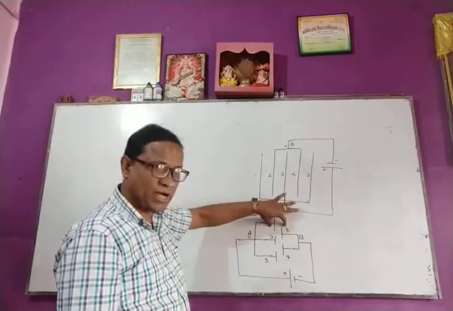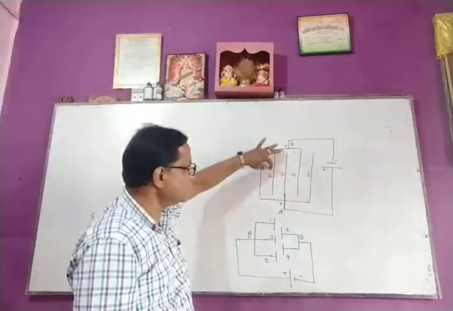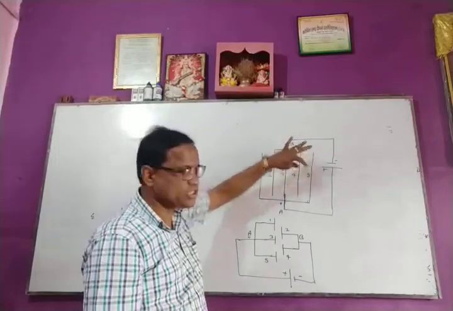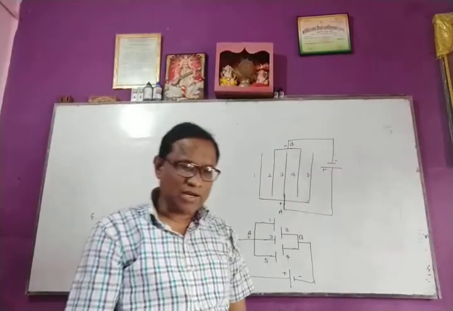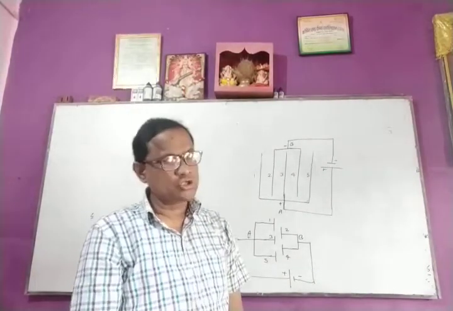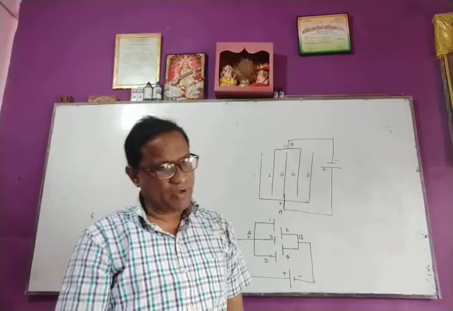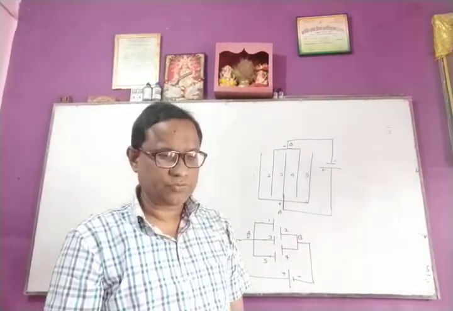First C1, another C2, another C3. First C1, C2, C3. So all are in parallel connection. So we can calculate C1 plus C2 plus C3 and C4.